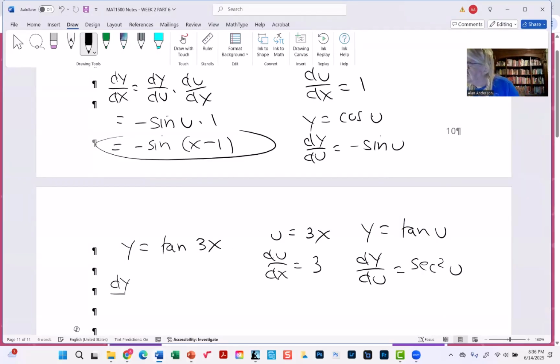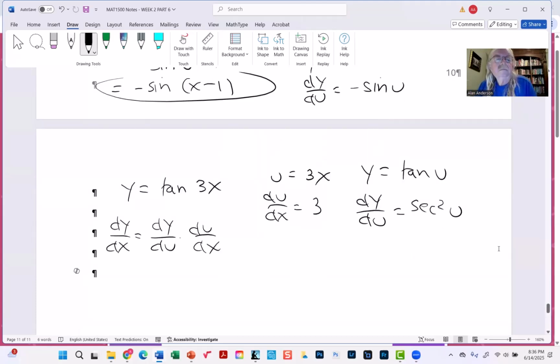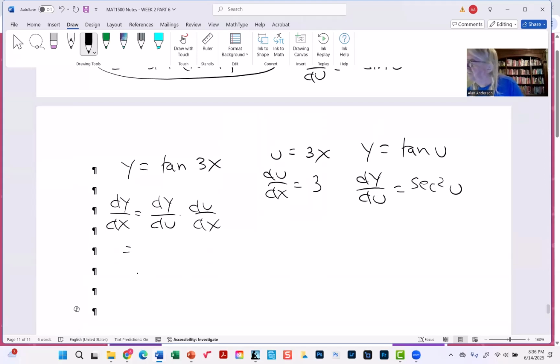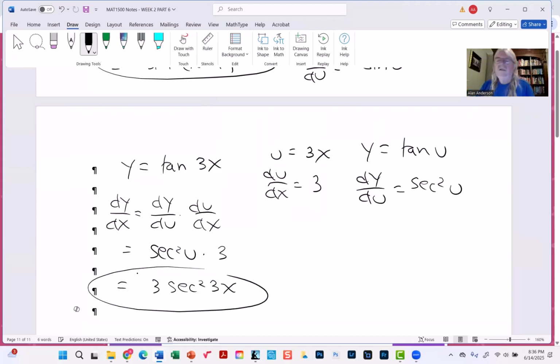So dy dx is dy du times du dx. dy du is secant squared u, and then 3.